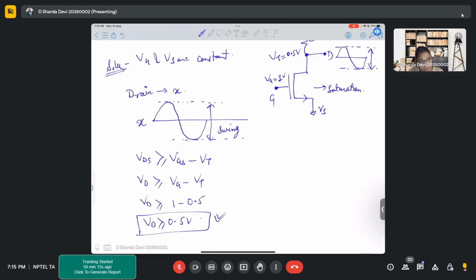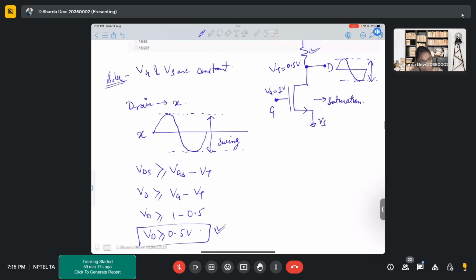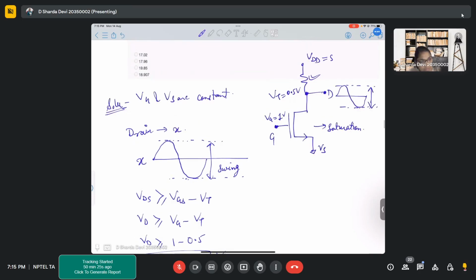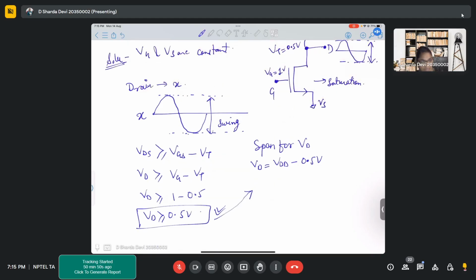Now if your VD should be greater than or equal to 0.5 volt, till what point your VD can reach? Your VDD is 5 volts. So your span for VD is like VDD minus 0.5 volts. So your VD can attain from 0.5 volts all the way to 5 volts. That is what appears from this particular condition, right?